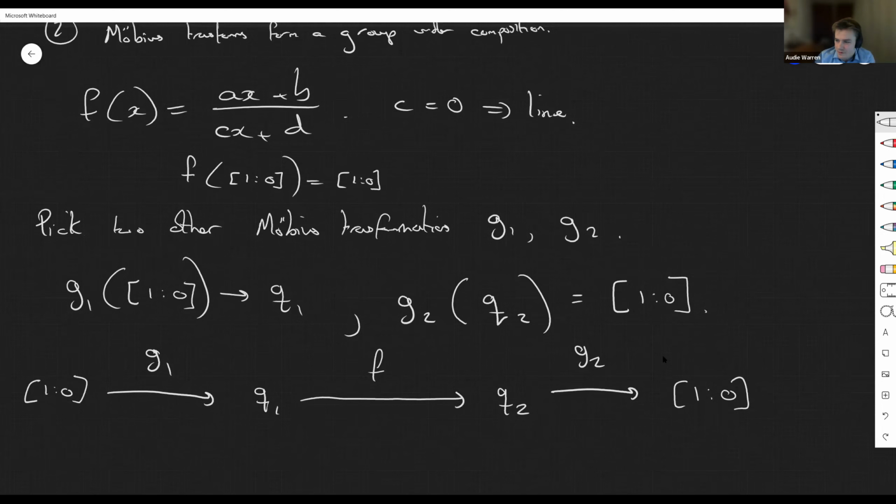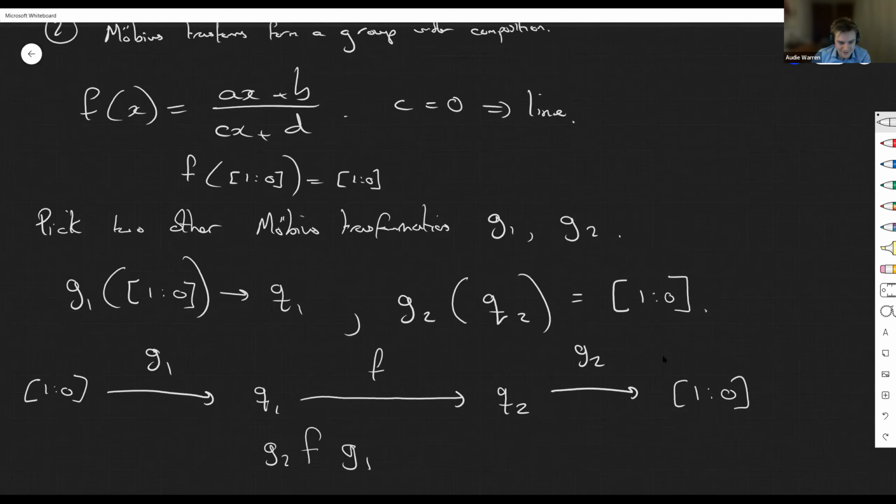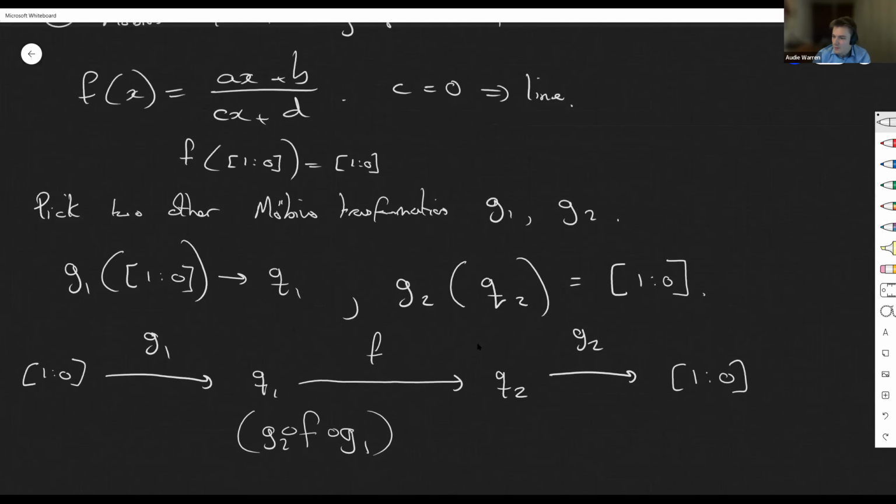So the only important thing here now is this composition. This should be G1 first, and then f, and then G2, right? This composition is a Möbius transform, because it is a composition of Möbius transforms, and the Möbius transforms form a group.